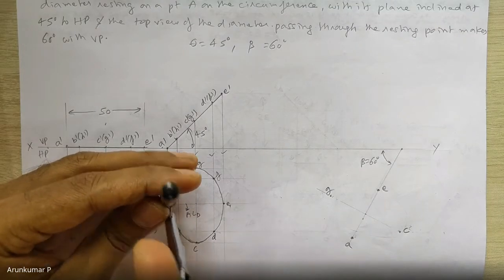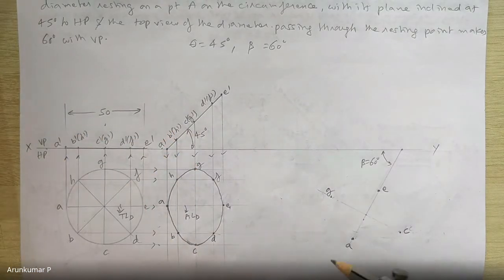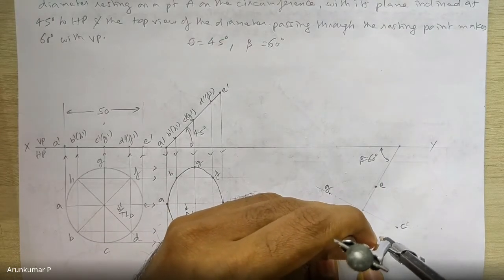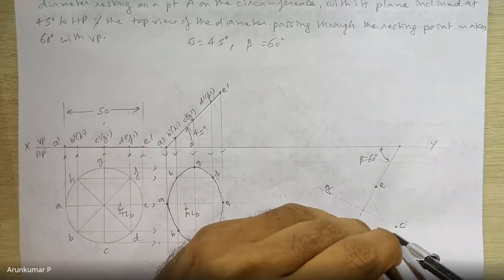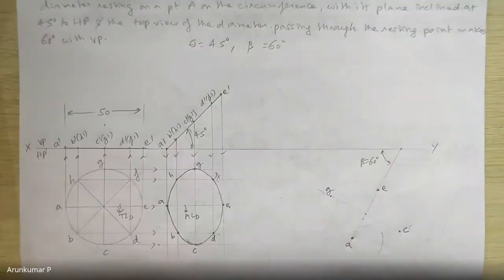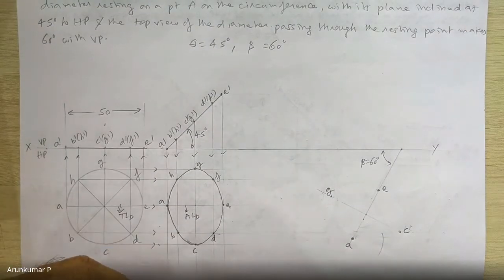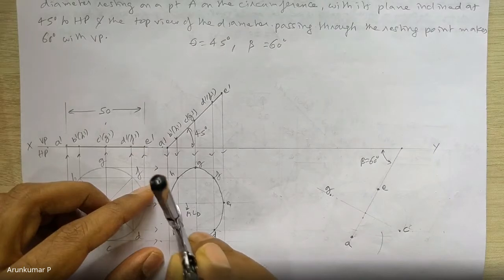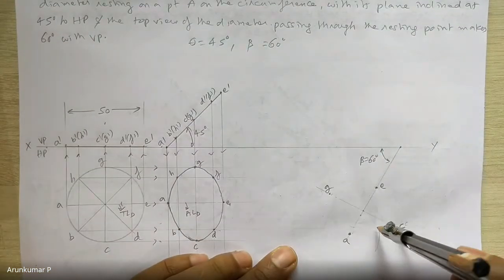B to A. Measure, and you can make an arc here. From A, make an arc. And then you measure distance from C to B. Like this, C to B, and cut the arc.